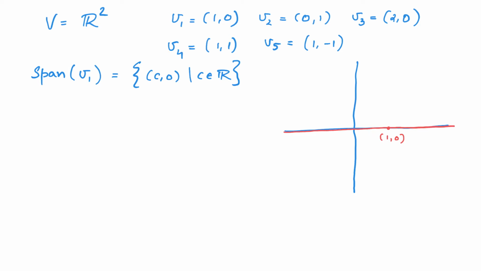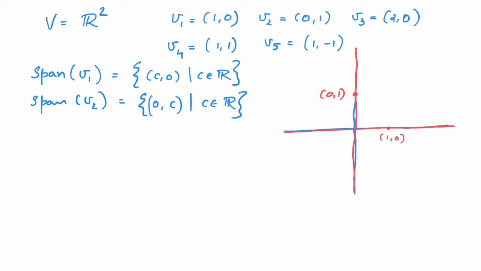Similarly, span of v2 is equal to the set of all (0, c) such that c belongs to R. Once again, let's try to see this geometrically. The point (0, 1) is this point and the span is the y-axis. Correct?